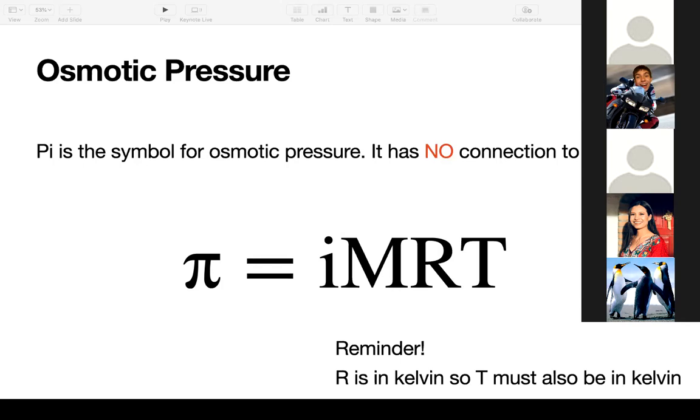And if you could remember, R is in, I think, grams per something per mole or something like that. Let me see if I can write it down for you guys.